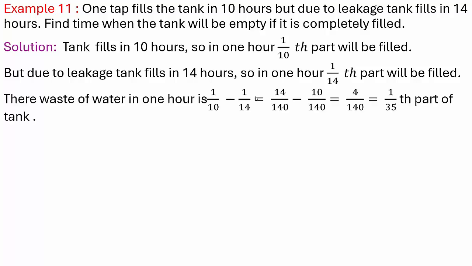Hence, the waste of water in 1 hour is 1 by 10 minus 1 by 14. LCM of 14 and 10 is 140. Therefore, 14 by 140 minus 10 by 140 equal to 4 by 140, which is 1 by 35th part of the tank wasted in 1 hour, and hence the tank will be empty in 35 hours.